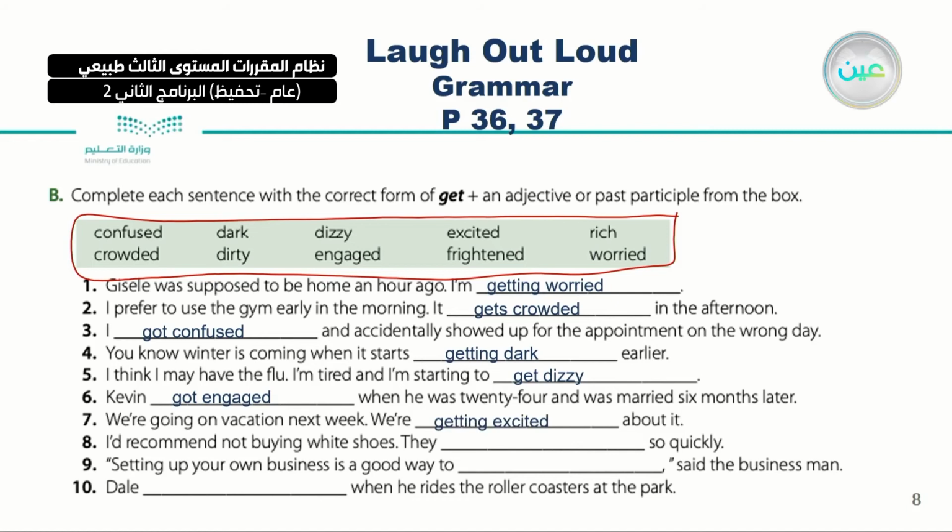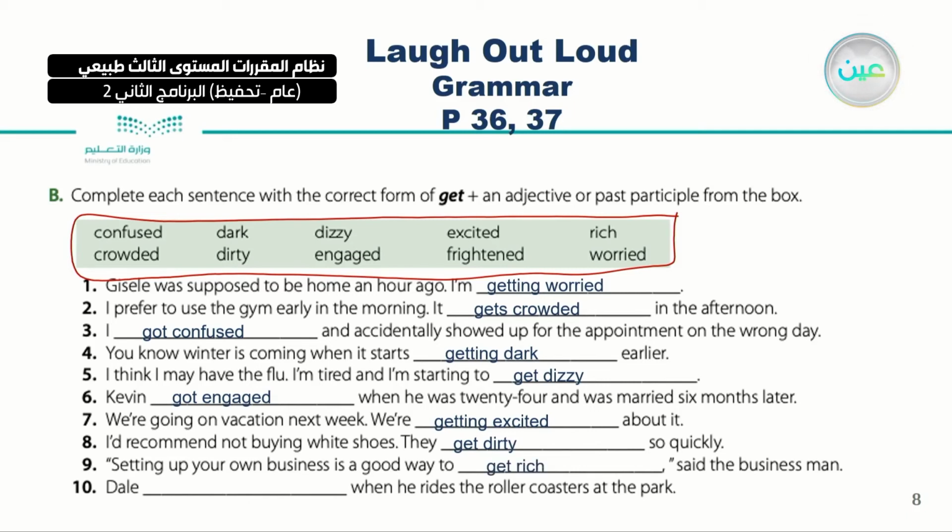Okay, very good. 8: I would recommend not buying white shoes. Why? Because they get dirty so quickly, the white shoes. Very good. 9: Setting up your own business is a good way to get rich.